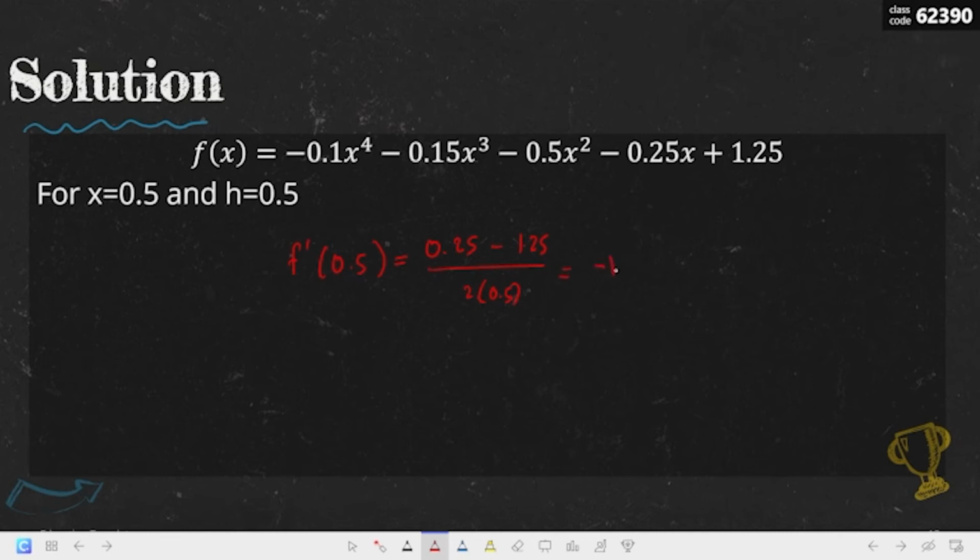So we'll find the true value error: negative 1 minus negative 0.9125, divided by negative 0.9125, times 100%. So our true value error is just equal to 9.6%, which is very low.